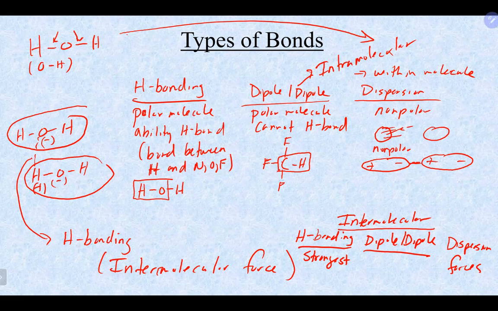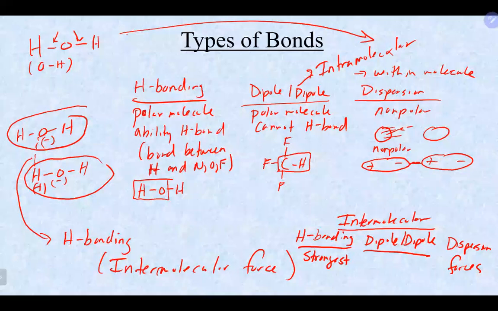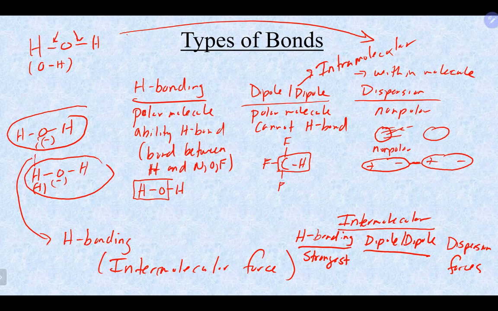These are weak because those electrons will move back, the charge will go away, and they'll break apart and new ones will form, and then those will go away. So dispersion forces are really, really weak intermolecular forces because they rely upon really temporary changes in the molecules to allow things to interact with each other.